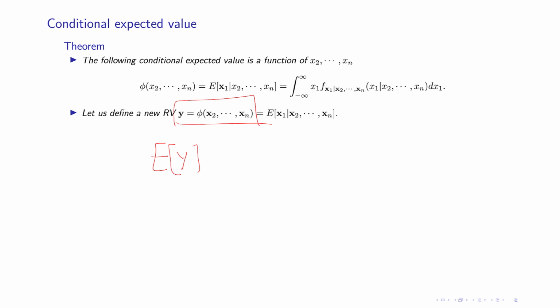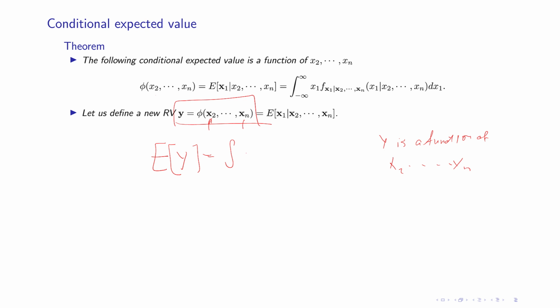Remember that this y is a function of these random variables x2 to xn. So if you want to define the mean of y, it is going to be the value that y takes on, and then over the distribution of that.